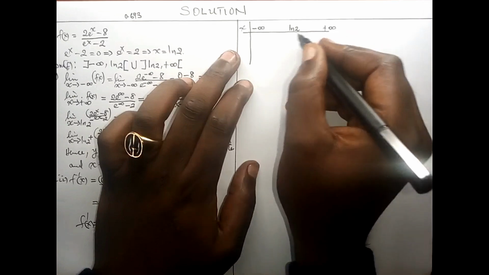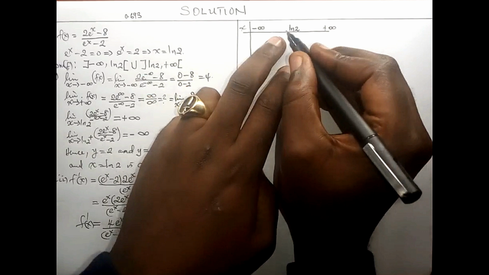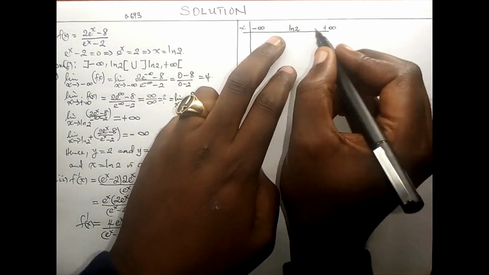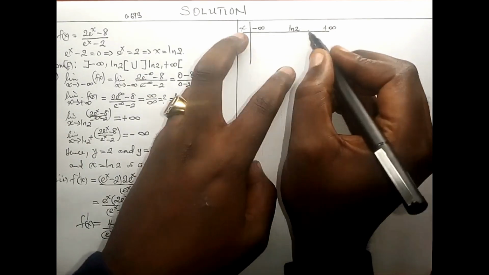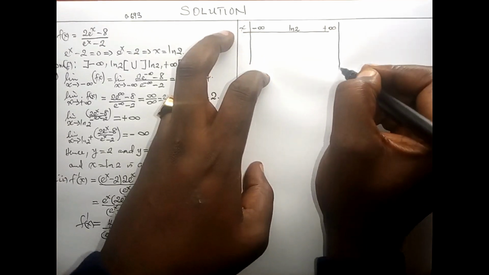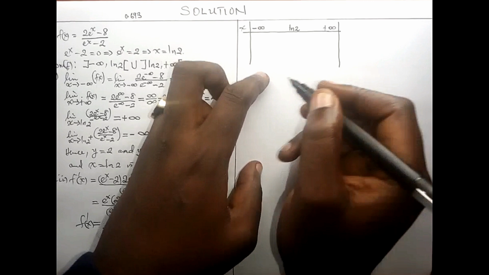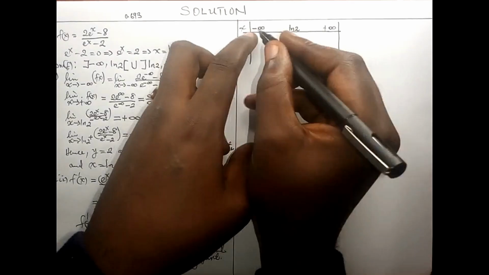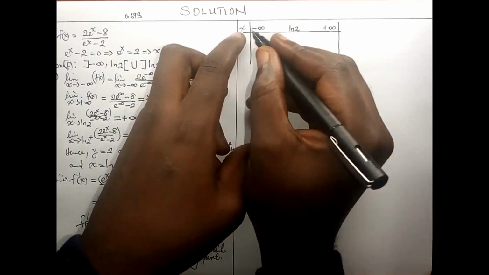There are no turning points, otherwise the x coordinates of the turning points would also appear on that first row for values of x. And so these are the values of x that I need to include on the first row.